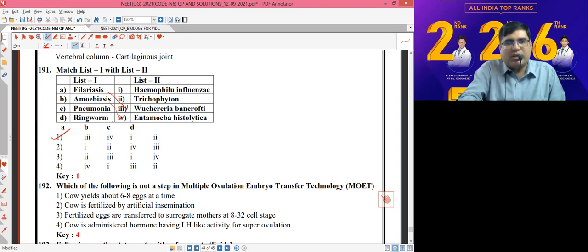D with 2 only, ringworm with Trichophyton. And pneumonia, that is C with 1, right? It is shifting some way. So you need to understand A with 3, B with 4, C with 1, and D with 2.